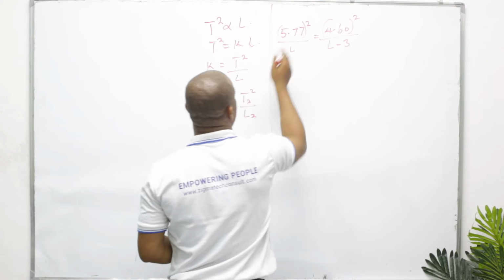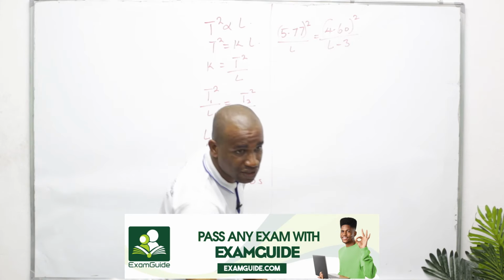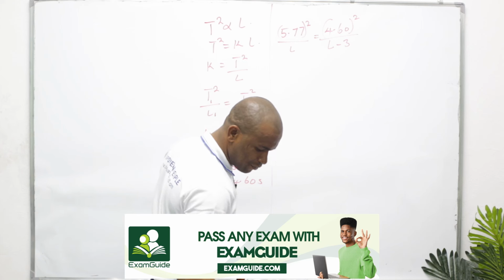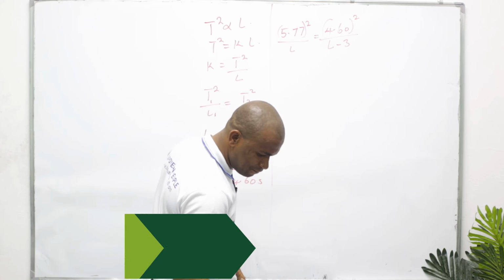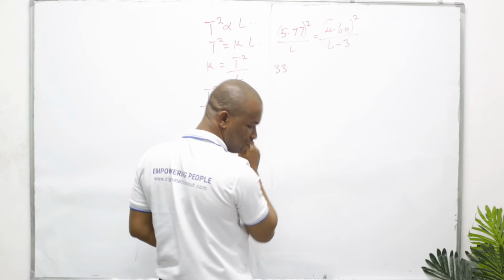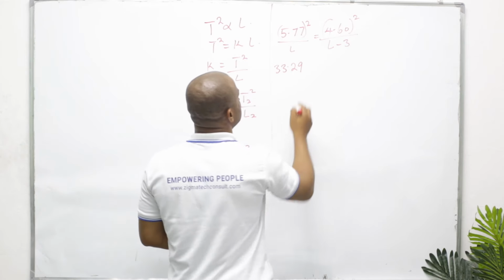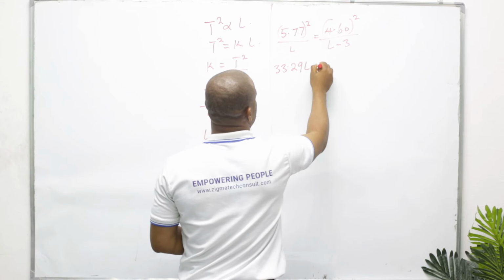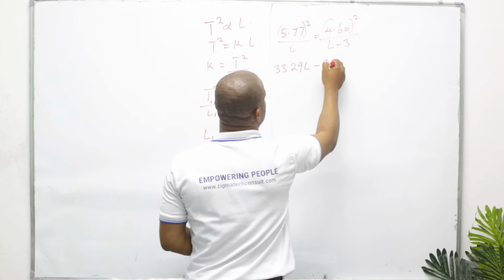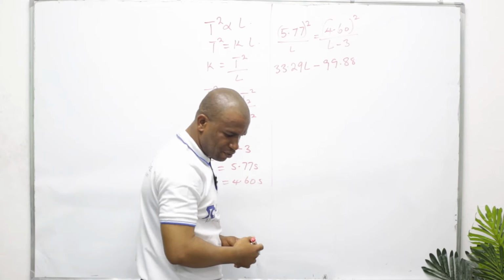So this is going to be 5.77 squared. You can use the calculator. We have this multiplied by this, which is 33.29, then multiplied by L, minus this one multiplied by 3, we have 99.88.